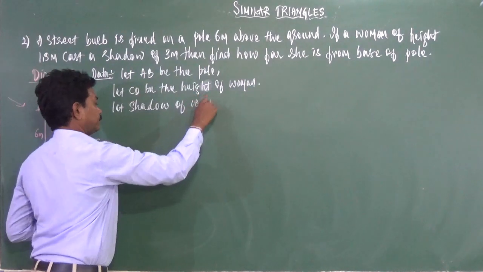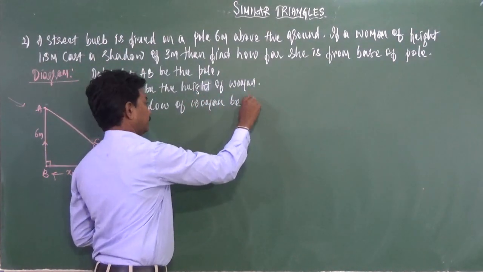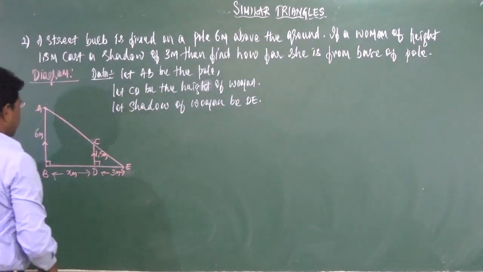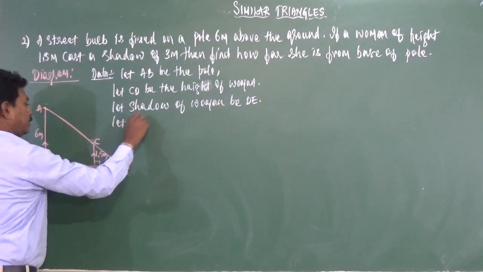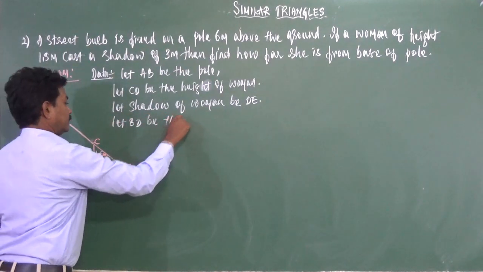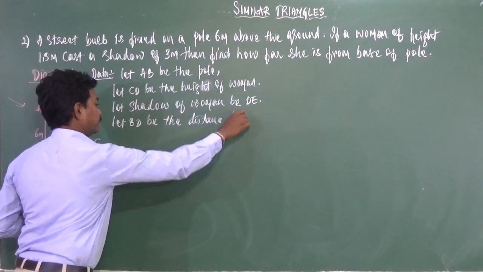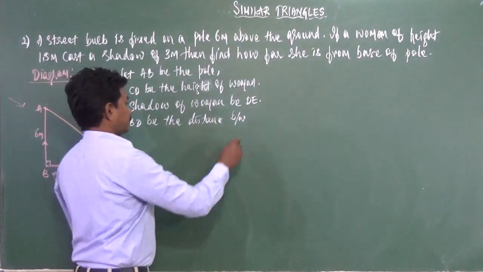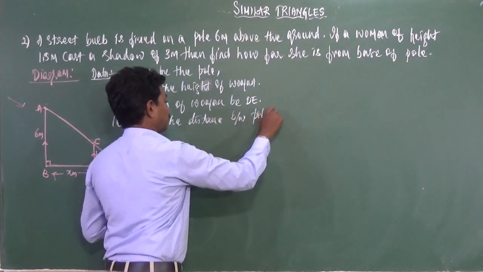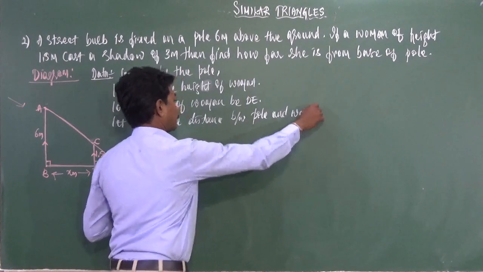Let BD be the distance between the pole and the woman.